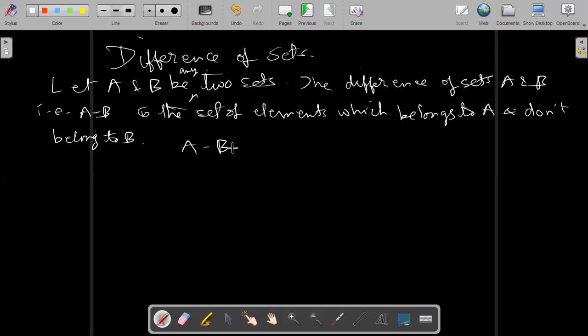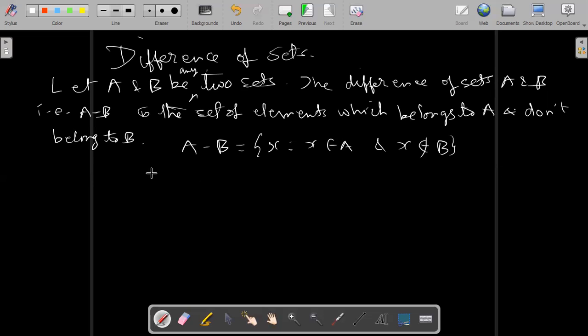So A minus B is the set of all elements X such that X belongs to A and X does not belong to B. That means we have to remove the elements of B from set A.